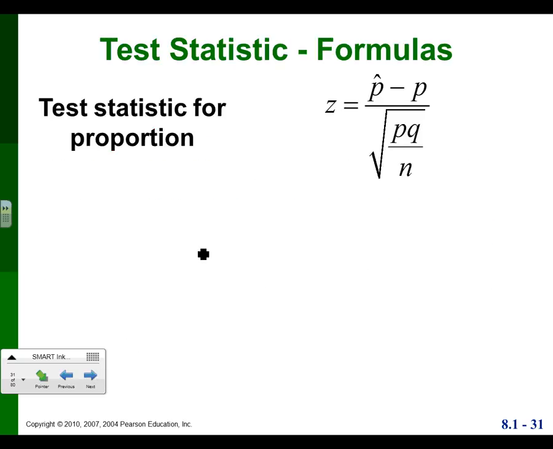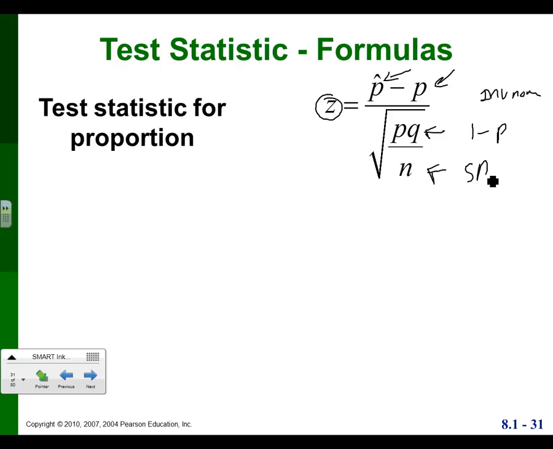Here's Z. What button do you use for Z also besides that one, to find the Z score? Yeah, we use inverse norm. This is P hat. This is P. You know what Q equals? Yeah, 1 minus P. And here is what?